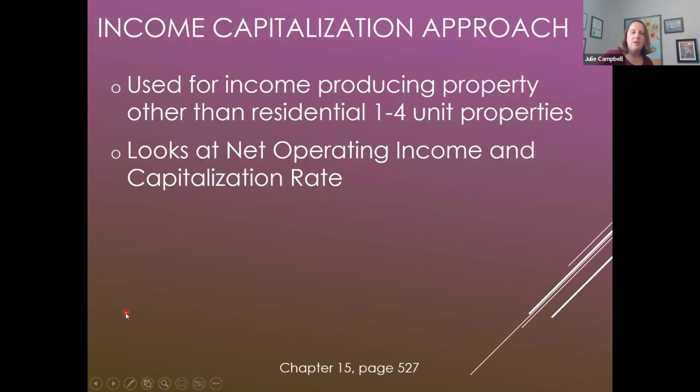My hardback people, skip ahead to page 527. My digital users, we're still under that same section. You'll just need to scroll down a little bit, go past the cost approach, and then you can find the income capitalization approach, also known as the direct approach.